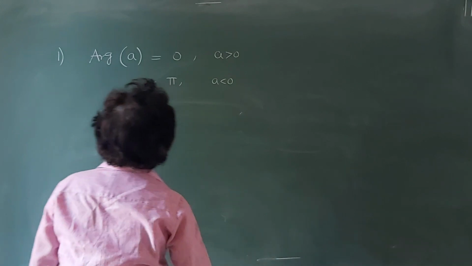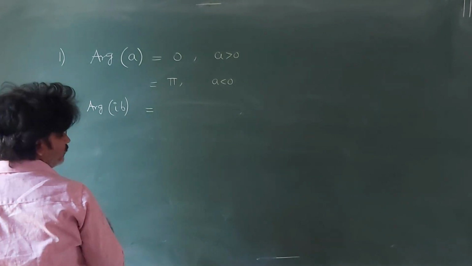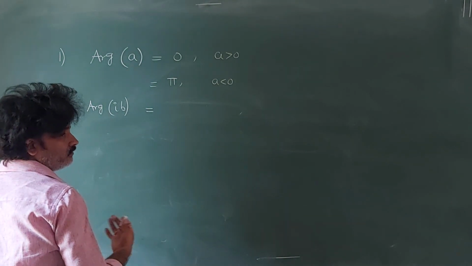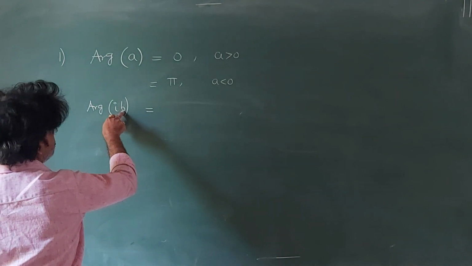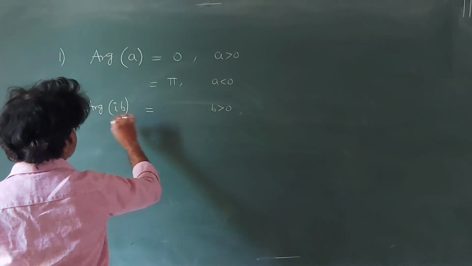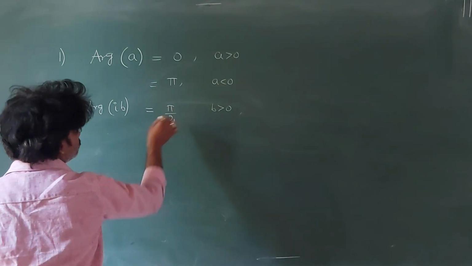Similarly, for a purely imaginary number, like 2i, 3i, 3 by 2 i, root 3 i, where b is positive, the argument is pi by 2.